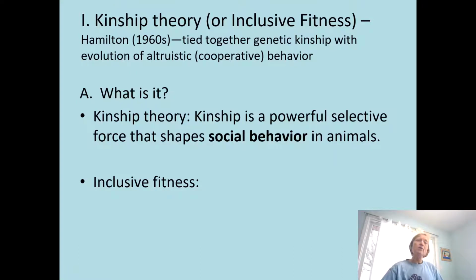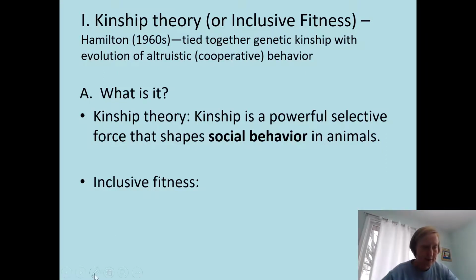Inclusive fitness is a little broader than direct fitness. Sometimes we call inclusive fitness indirect fitness, but inclusive fitness actually is a measure of an individual's total fitness. And by fitness, we mean the genetic contribution an individual makes to the next generation. How many offspring does it leave behind? In inclusive fitness, total fitness includes how many offspring it has, the direct fitness component, and the contribution it makes to the reproductive success of its relatives.